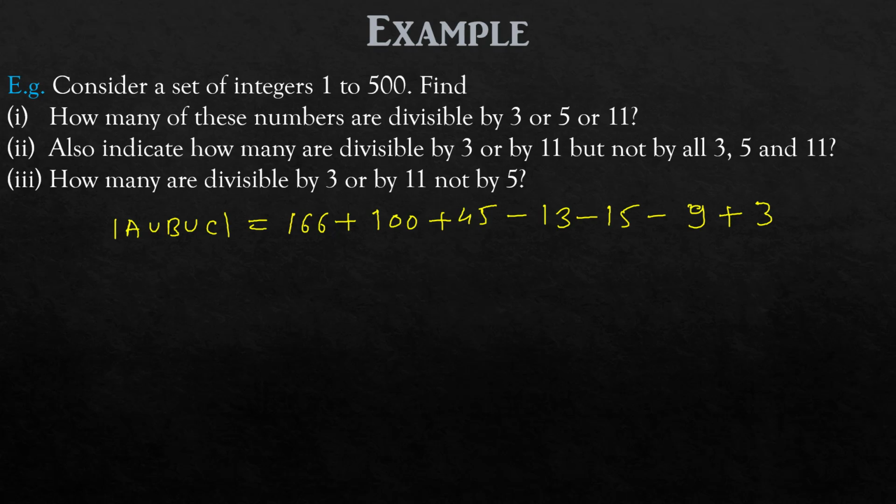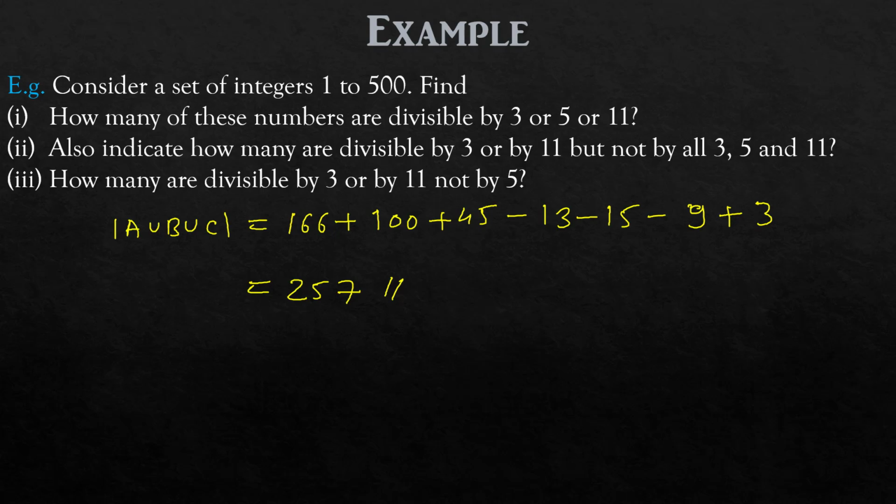So calculate this, we get 257. So 257 numbers which are divisible by what? 3 or 5 or by 11. This is the first answer.